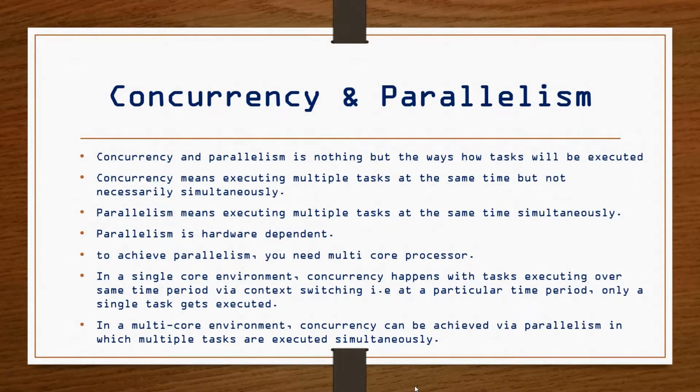Now, in a single core environment, concurrency happens with tasks executing over the same time period via context switching. I mean, at a particular time, only a single task gets executed. But in a multi-core environment, concurrency can be achieved via parallelism, in which multiple tasks are executed simultaneously.